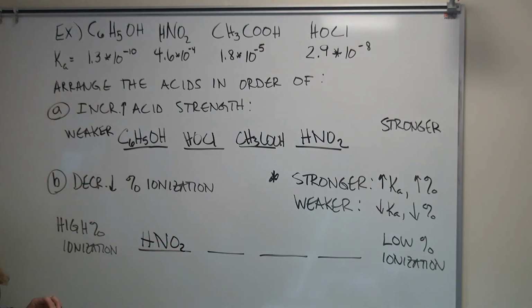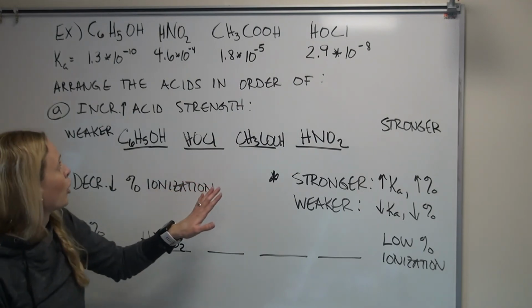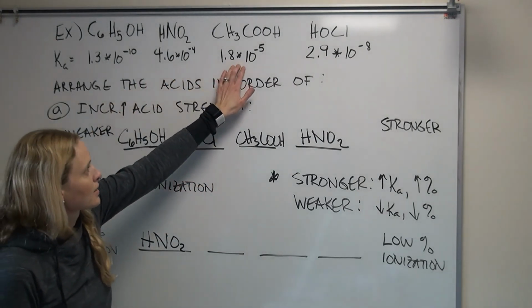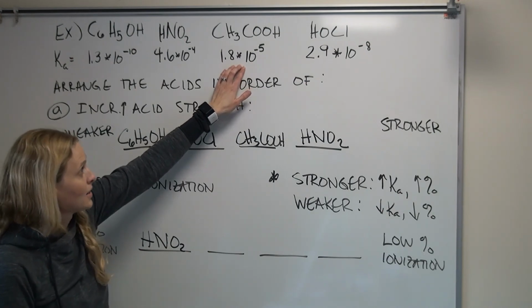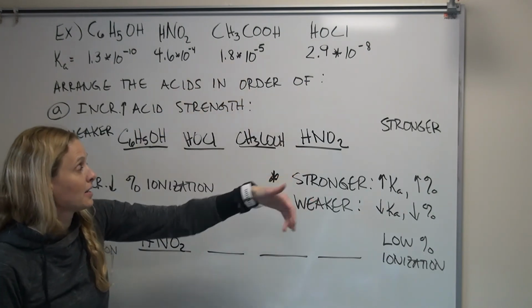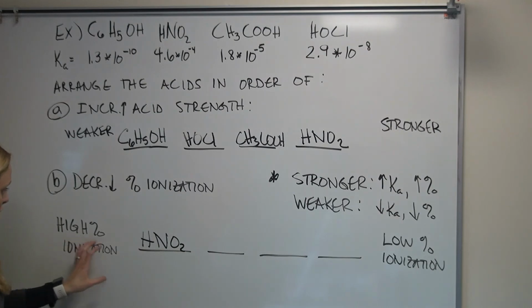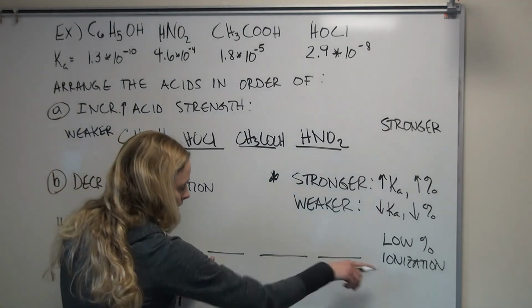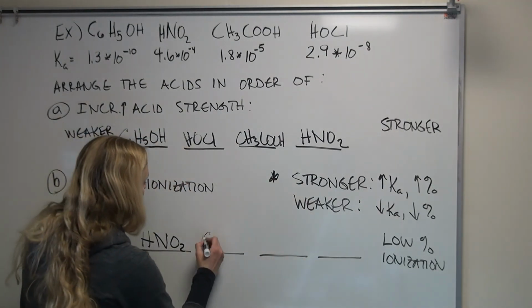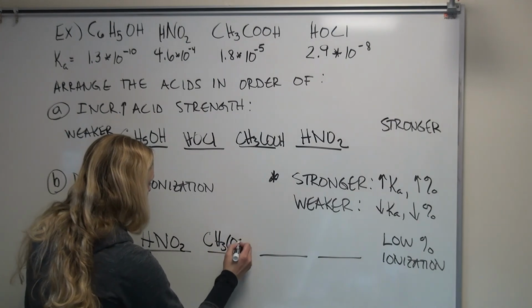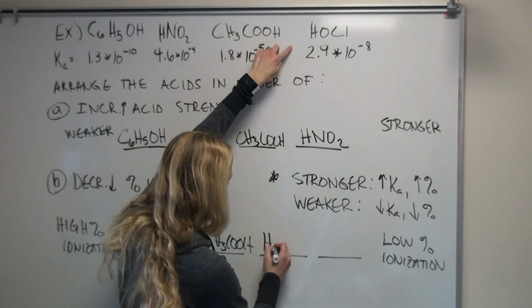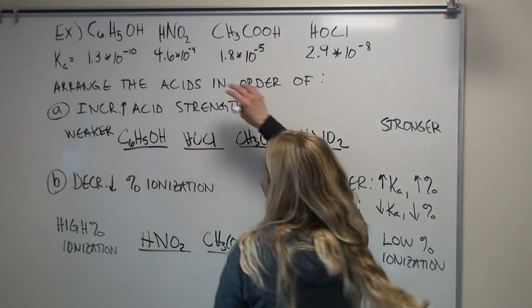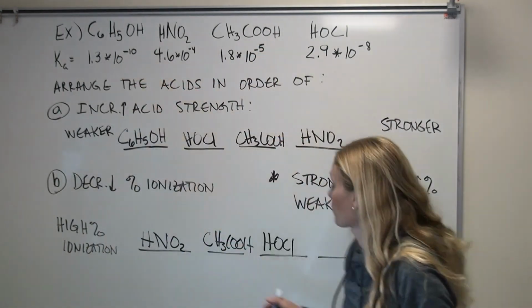Okay, and then following suit, this is the next highest Ka number, so the next stronger acid, and that would have the next highest percent ionization. So we would rank it here because we're going highest to lowest percent ionization. And then finally HOCl, and then eventually C6H5OH.